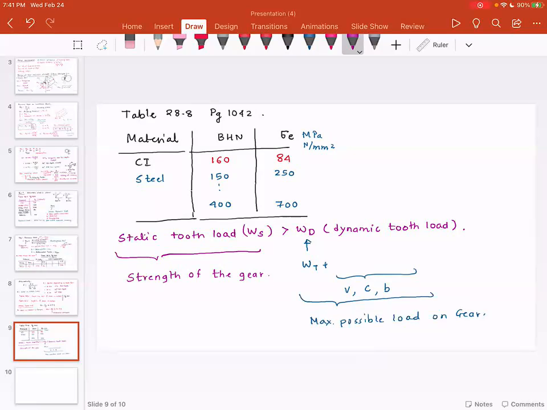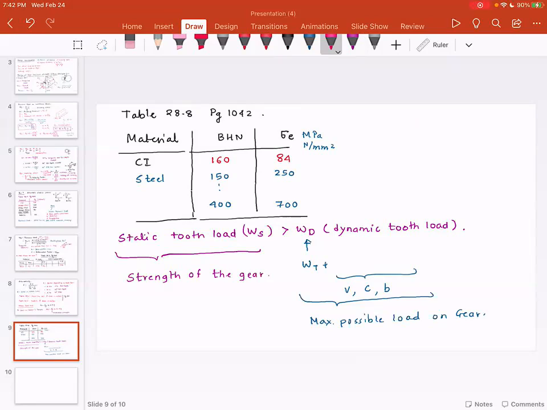So I want to make sure that my strength or the ability to withstand load is greater than the maximum possible load that is coming on the gear. So that is the condition that must be checked. Our gear static tooth load has to be greater than dynamic tooth load.